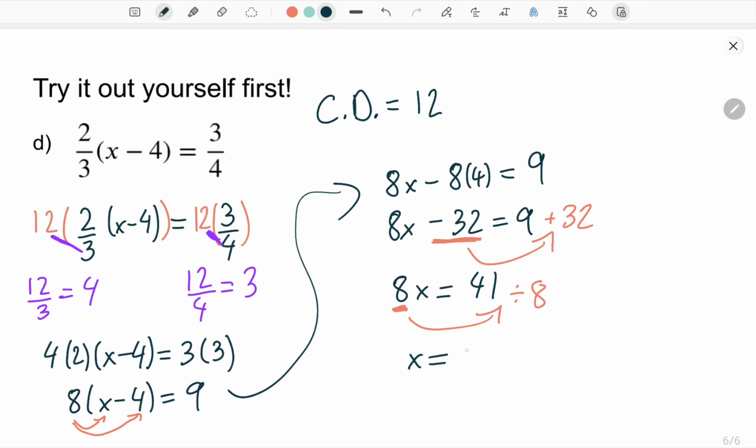And you can just leave your answer as a fraction. So 41 divided by 8, or 41 over 8, is the solution. And in this case, that fraction can't be reduced, so you can just leave it there. All right, so that's a look at solving some equations with fractions, solving them by multiplying by that common denominator.